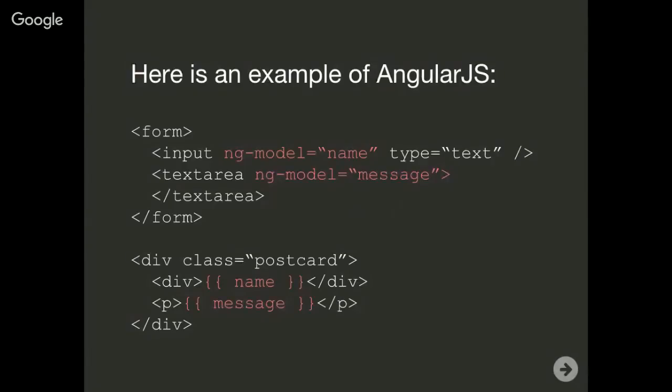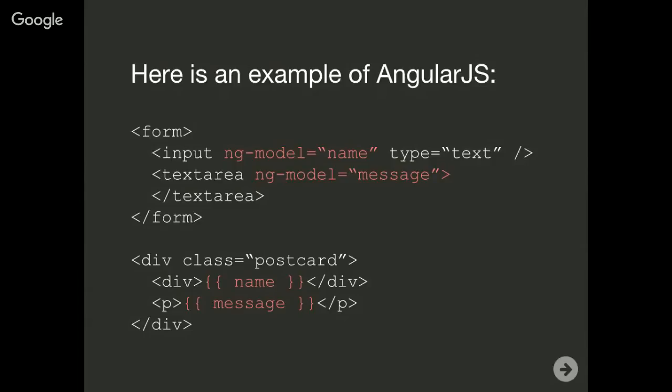All right, so here is an example of AngularJS. Essentially what you do is you use templates and you use attributes such as ng. Ng, by the way, stands for, you'll never guess, Angular. So if you see the ng prefix here, this means this is an Angular attribute.